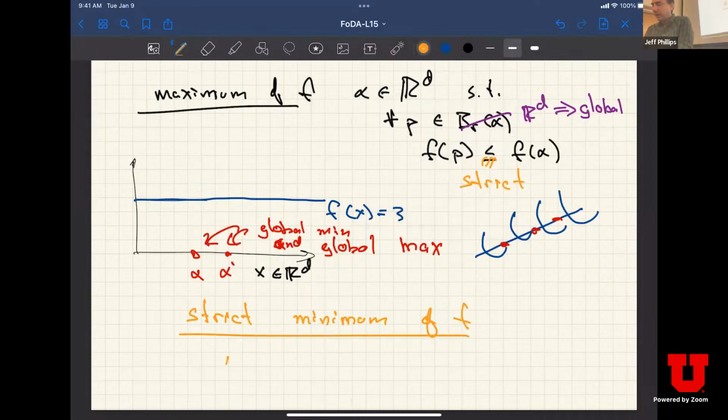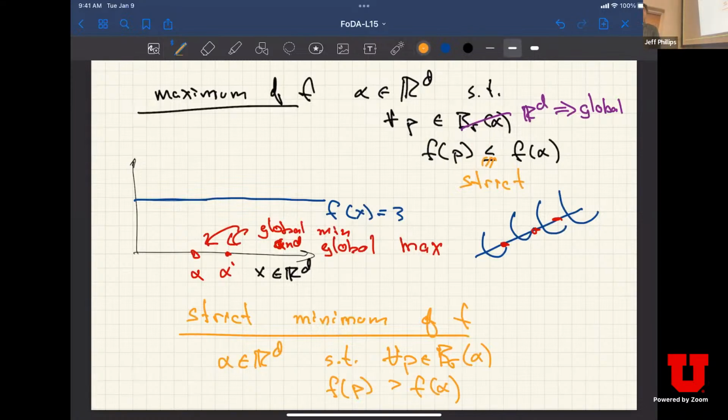This would be an alpha in R^D such that for all p in, let's say, a local neighborhood, or it could be global, it could be everywhere, the function value of p is going to be greater than the function value of alpha, and that needs to be strictly greater.